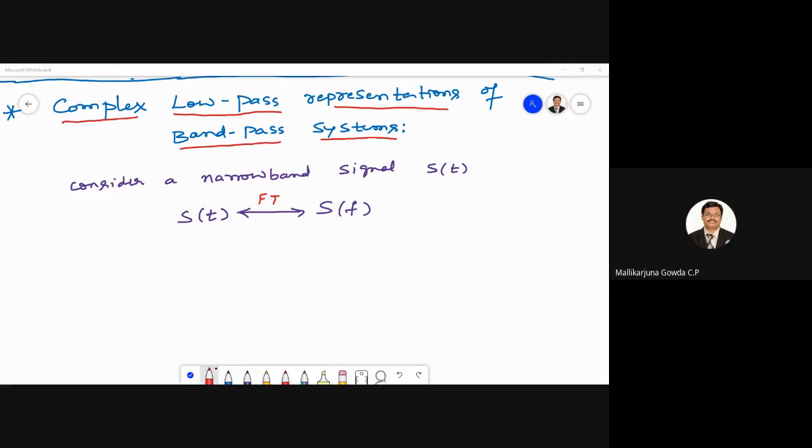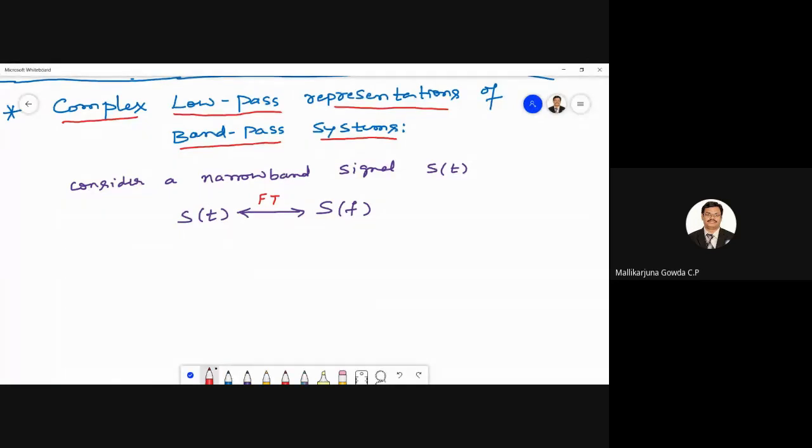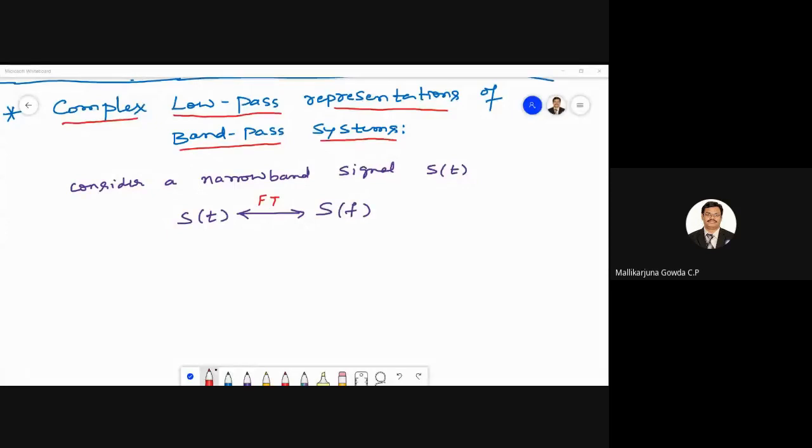Come on, I expect an answer from you. Triangular wave, sir. Triangular wave which appears at plus or minus fc, having a bandwidth of 2w.